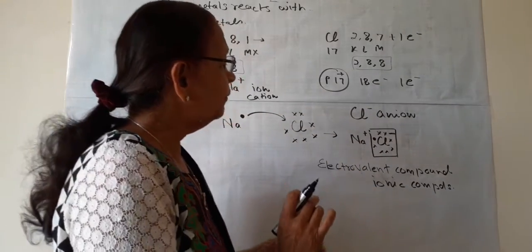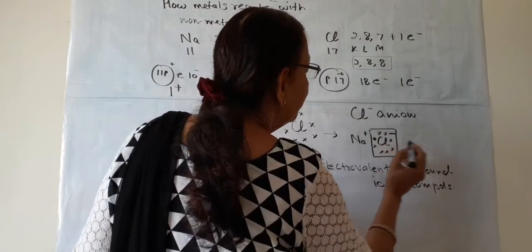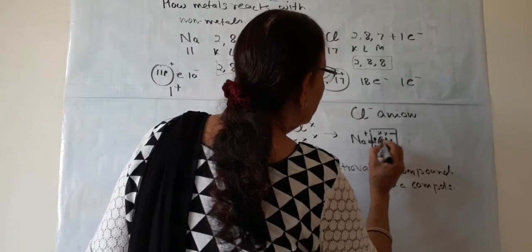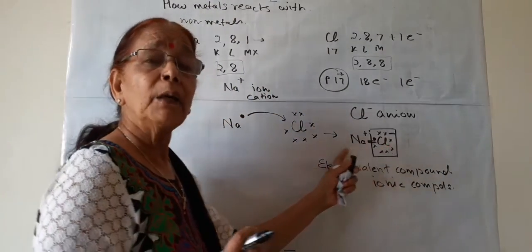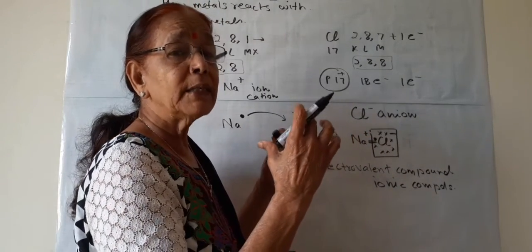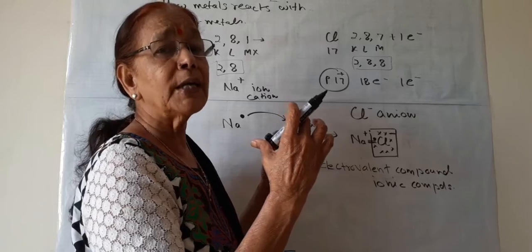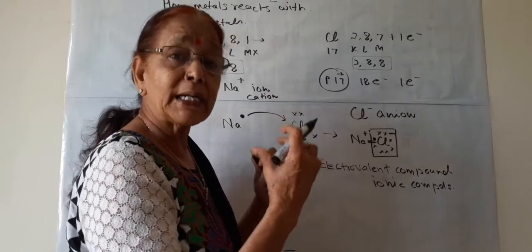And why electrovalent compounds? Because they have a force of attraction between them. Both are ions and both are oppositely charged, and we know when two charges are oppositely charged, that is one is plus, the other is minus, they attract each other.